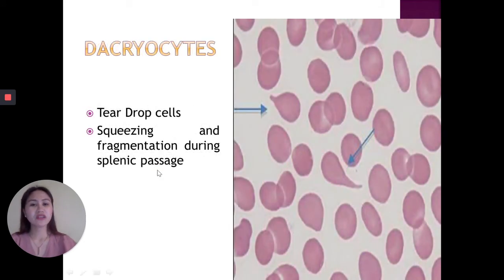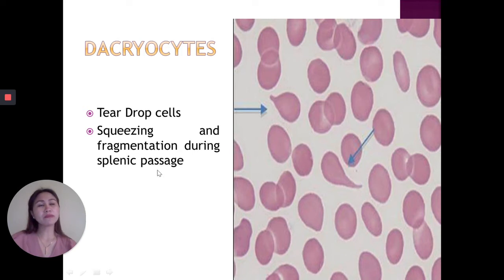The cryocyte, by its word cry, so you should have an idea that when you see that term, the cryocyte, the other term for that is teardrop shape, teardrop cell. Okay, so again, another term for the cryocyte is teardrop cell. It is due to squeezing and fragmentation during splenic passage.